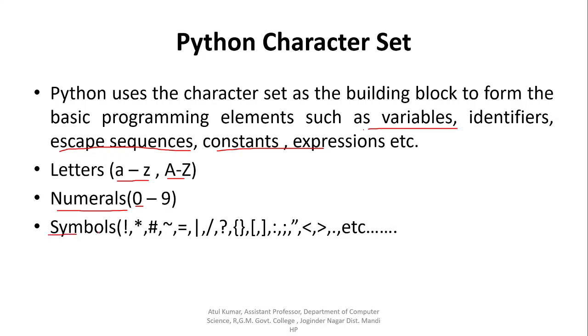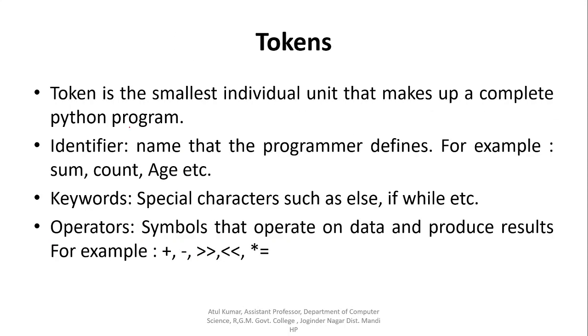Similarly, we have some special symbols like star, hash, not, equal to, bar, slash, question mark, curly brackets, big bracket, colon, semicolon, inverted commas, less than, equal to, dot, etc. The combination of these letters, numerals and symbols is known as the character set of Python.